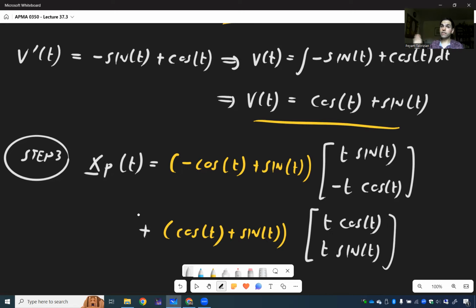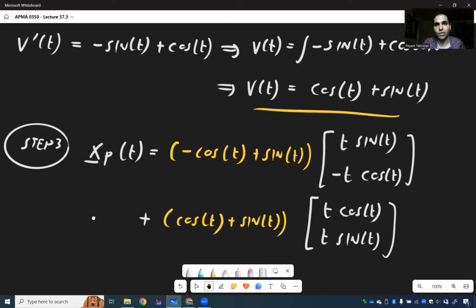Now, if I don't tell you simplify the answer, then that would be perfectly fine. But in this case, I would tell you simplify the answer, because it turns out this becomes much easier if you do so.